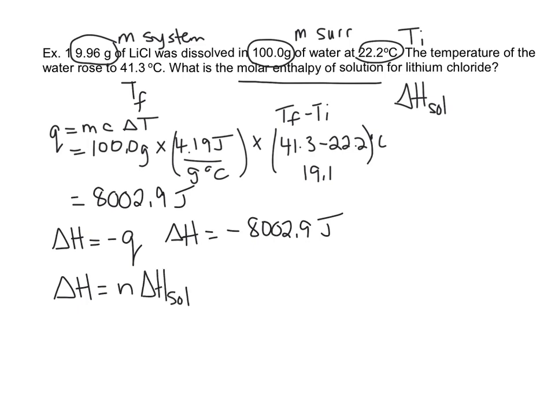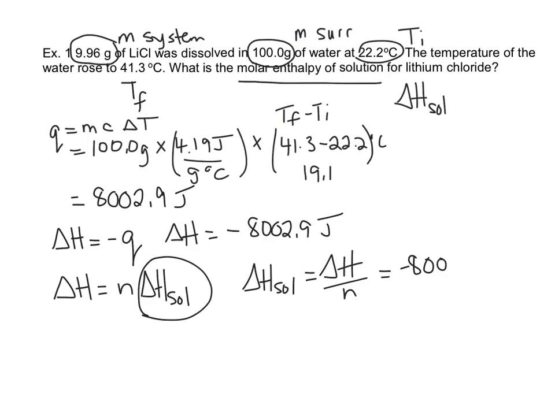We want to solve for the molar enthalpy, so we move the number of moles to the other side. Delta H divided by n. So we have 8,002.9 joules divided by the number of moles.